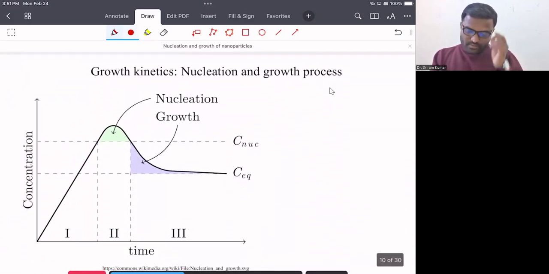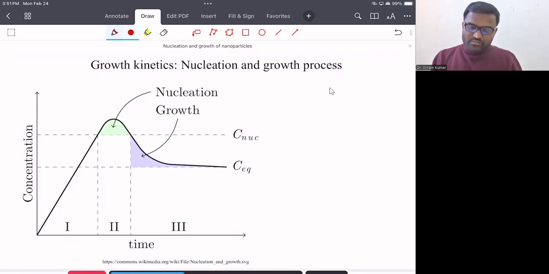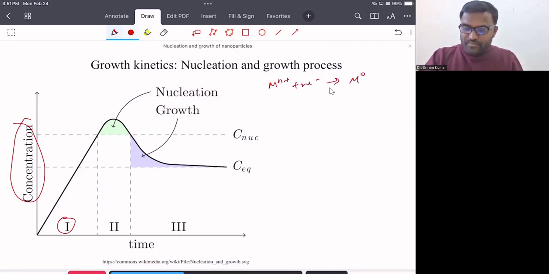Now we are going to learn the effect of supersaturation concentration. Suppose we want to monitor the concentration of the nuclei particles with time. At the initial stage, what happens? If we take the example of a detection process, then we will have the detection of the metal ions here.